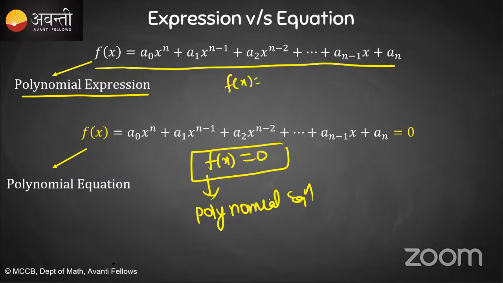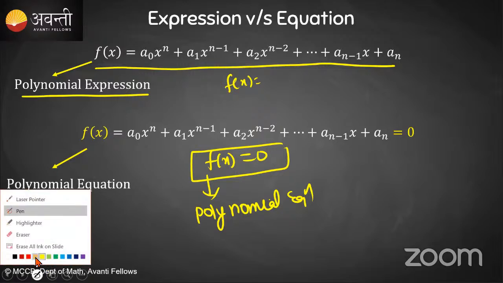Is it clear? As long as your polynomial expression is not equated to 0, it is an expression. If it is equated to 0, then it becomes a polynomial equation. Clear?